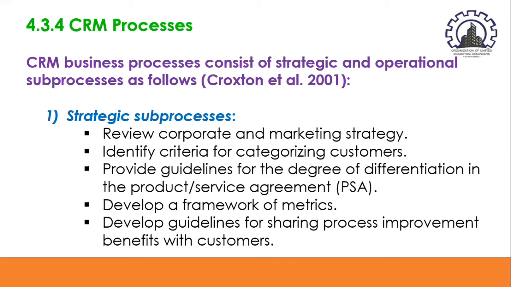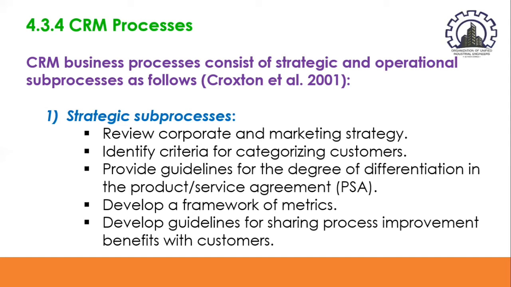So we have here strategic sub-processes, which include reviewing corporate and marketing strategy and identifying criteria for categorizing customers. We have providing guidelines for the degree of differentiation in the product or service agreement, or PSA. We also have developing a framework of metrics, and developing guidelines for sharing process improvement benefits with customers.